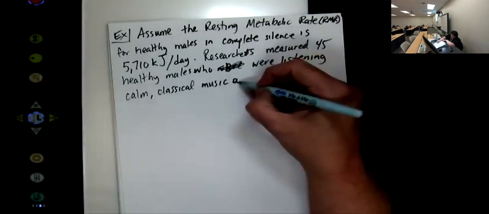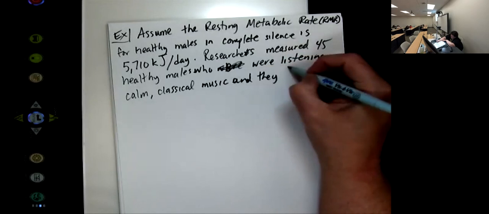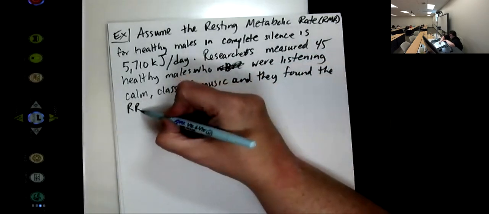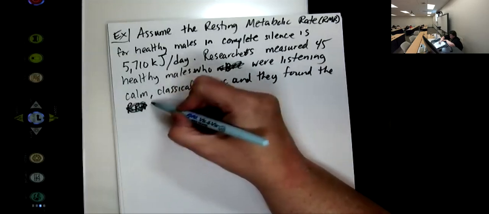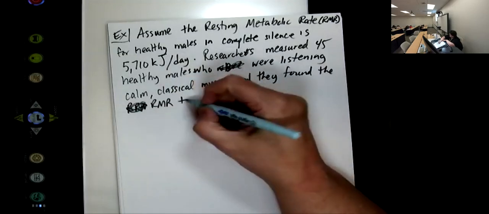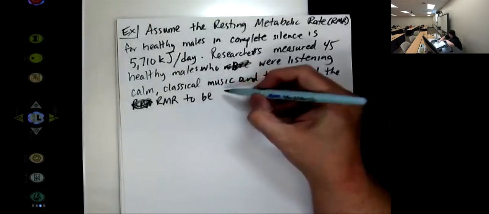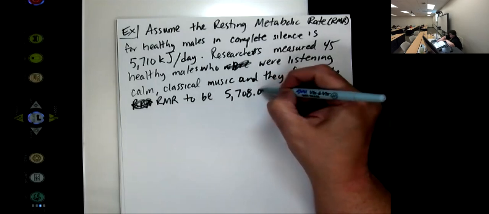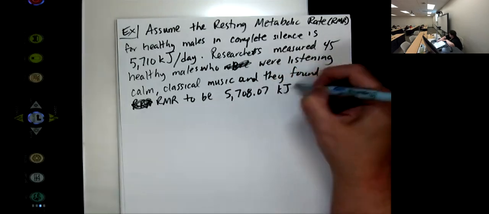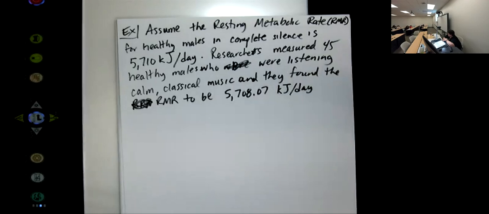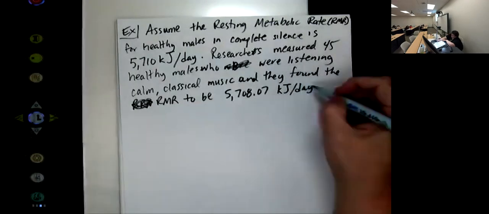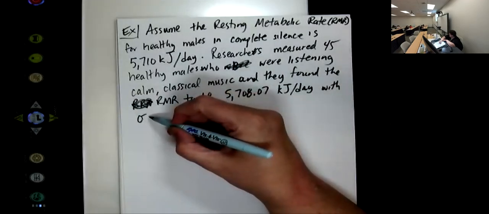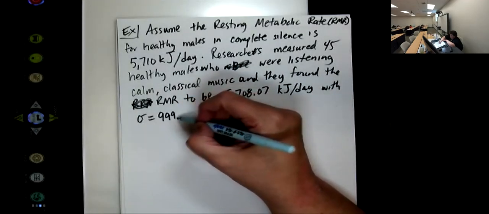And they found the RMR to be 5,708.07 kilojoules per day, with a standard deviation equal to 992.05.